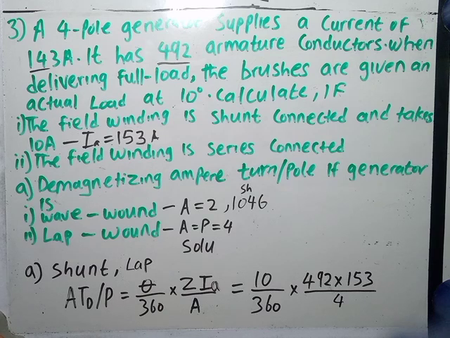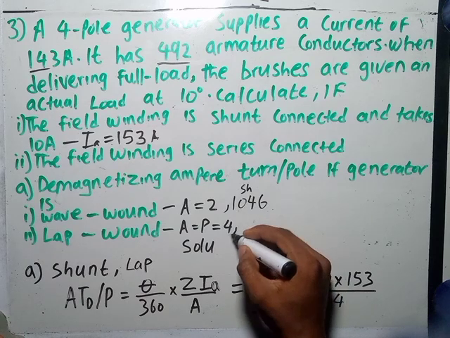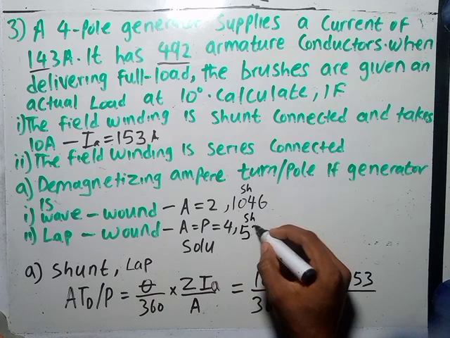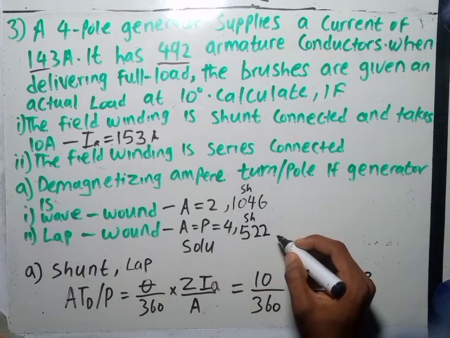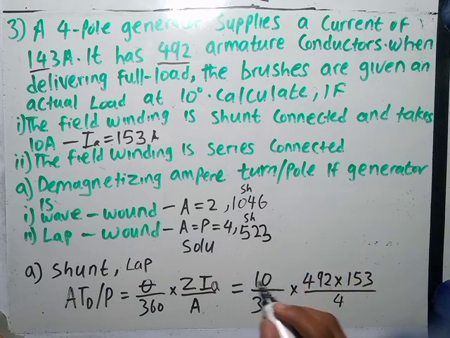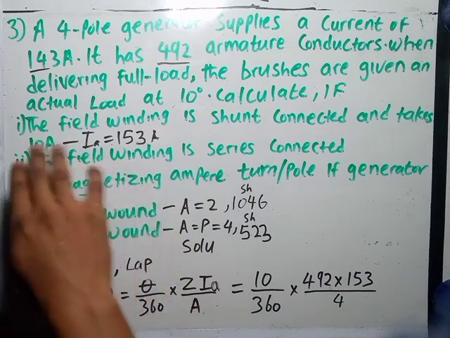Now inputting into your calculator, for your shunt, you have 522.7. So you can approximate this to the whole number, which is 523 ampere turns. So we have gotten the two cases, for the two windings, under shunt.